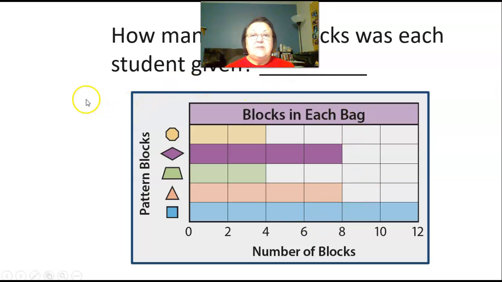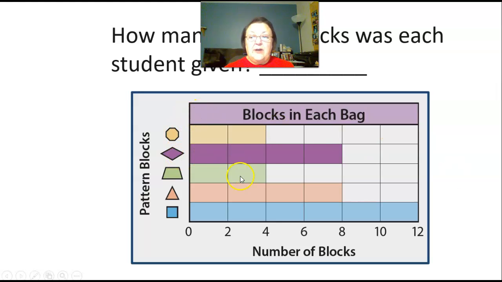Okay, so this is what we call a bar graph. A bar graph basically has bars in it. And what's nice about a bar graph is you can use different colors. You can shade them in and just make it look nice and pretty if you like that. So our question is, how many purple blocks was each student given?